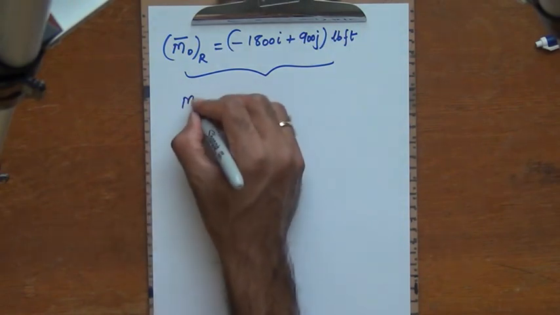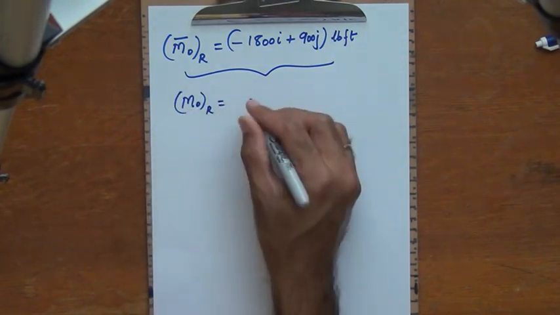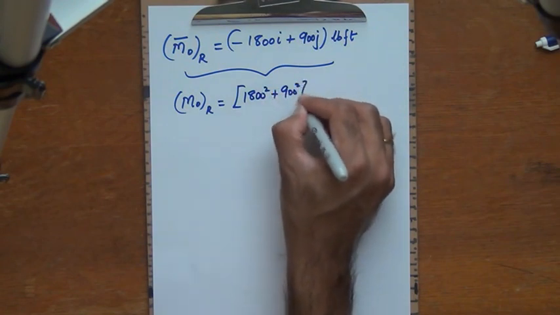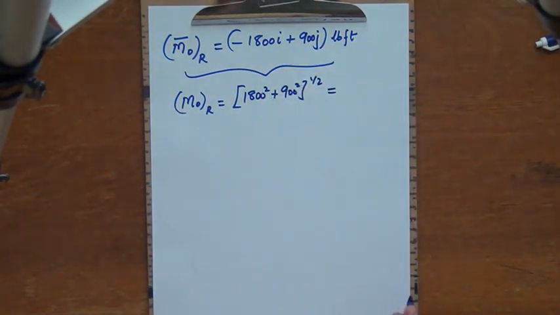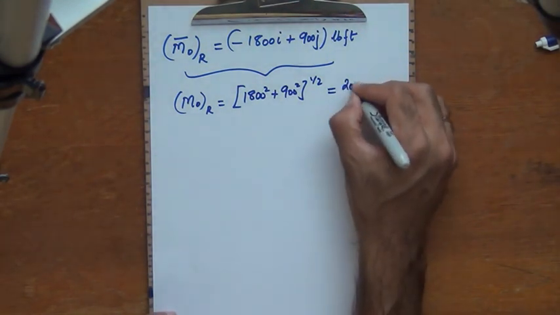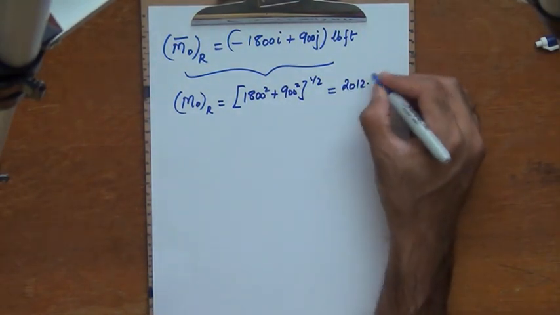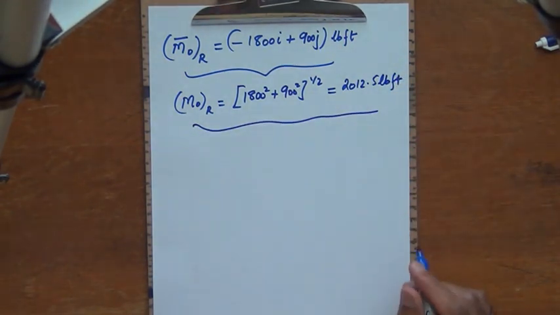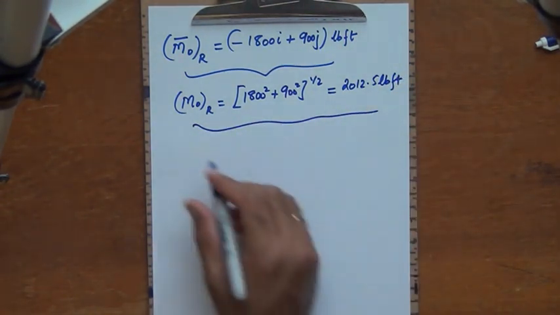And if you want the magnitude, the resultant vector is the square root of the sum of the squares of the individual components, so this is 2012.5 pound-feet. So this is going to be the magnitude of the resultant, and this is the end of the vector approach.